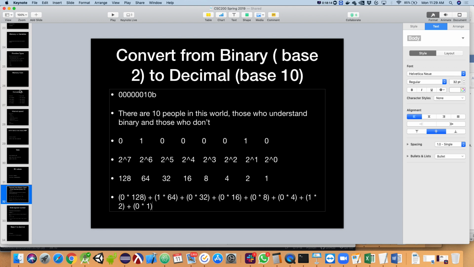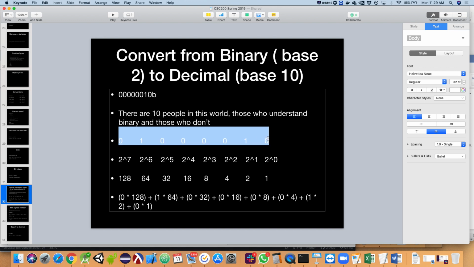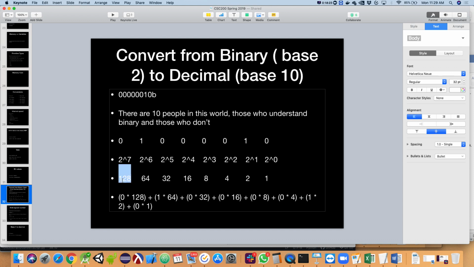So understand that the largest value we can store in an 8-bit number is 128 plus 64 plus 32 plus 16 plus 8 plus 4 plus 2 plus 1, which is 256. Make sense? That's the largest magnitude we can have for 8 bits, but that is unsigned.